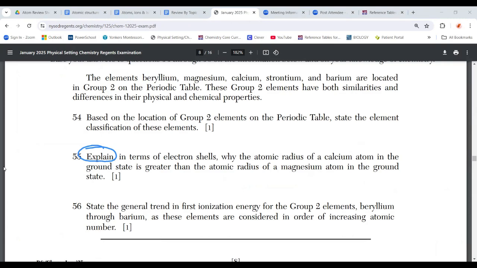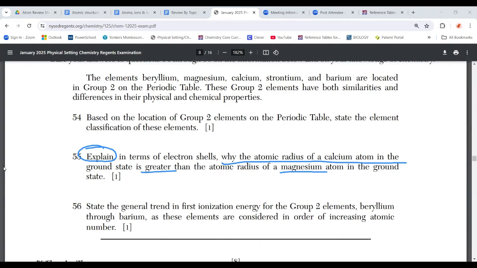What they want you to do is repeat a definition or a known model that you understand from your time in chemistry that explains why the atomic radius of calcium is greater than magnesium. They already told you calcium is bigger than magnesium, so don't talk about that in your answer.